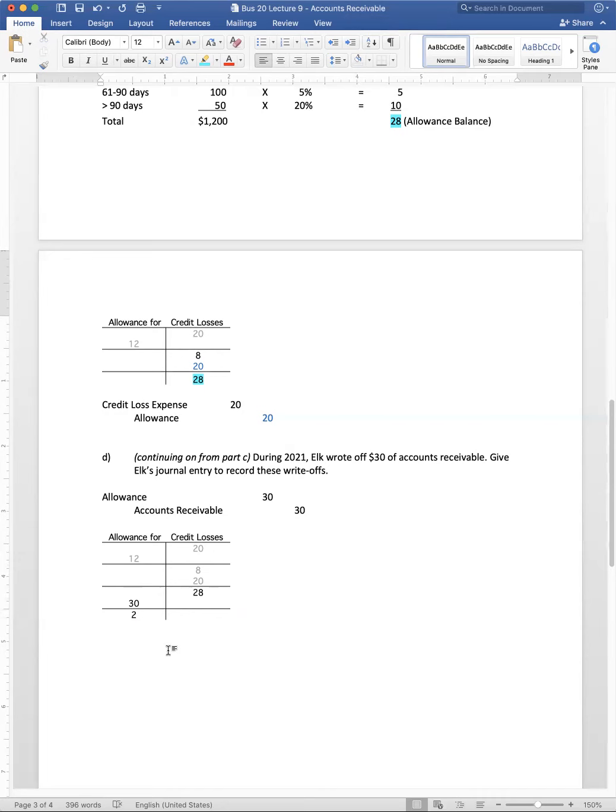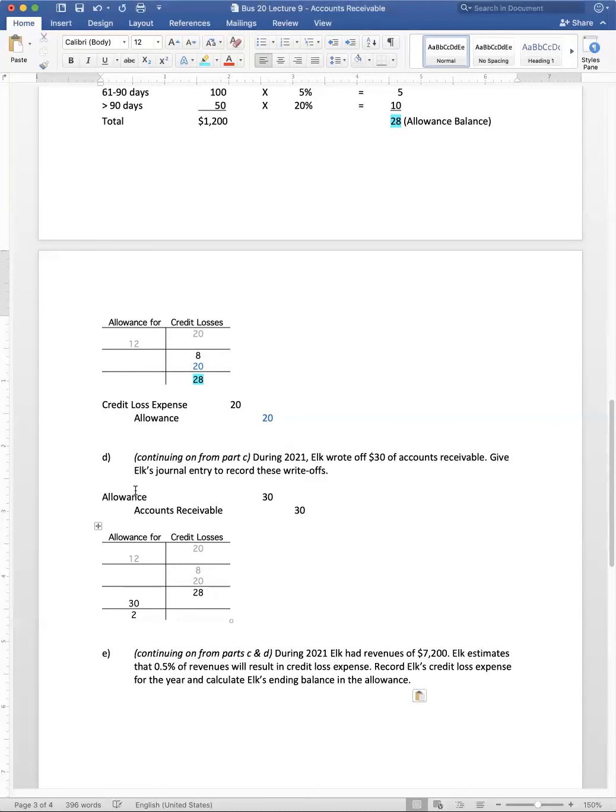Okay, now there is another way to estimate the amount in the allowance, to estimate how much expense we record. So let's take a look at that other method here in E. So continuing on from C and D, during 2021, Elk had revenues of $7,200.